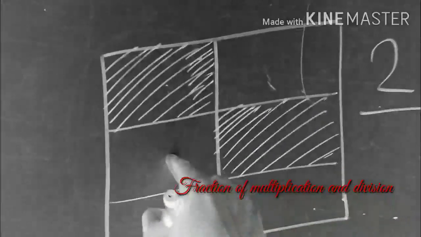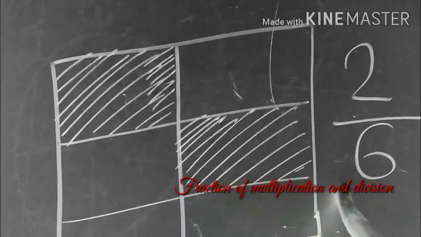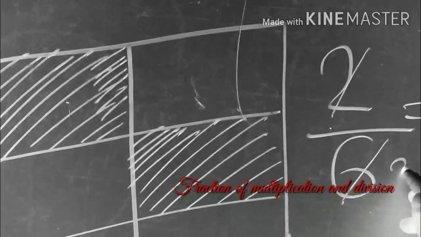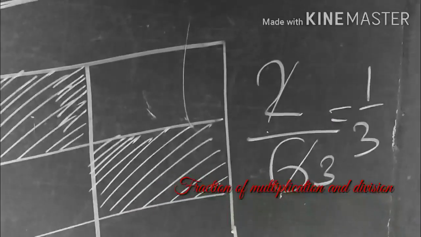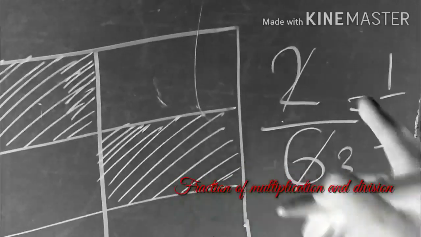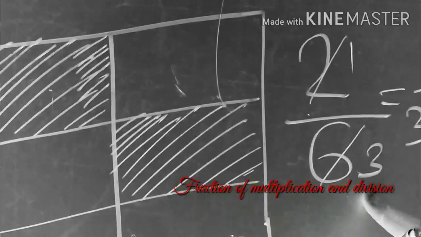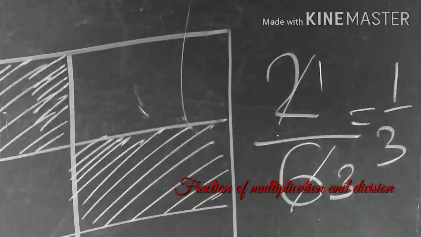So it is 2 by 6. Otherwise, 2 3s are 6, so the common factor gives 1 by 3. We can also write it as 1 by 3.